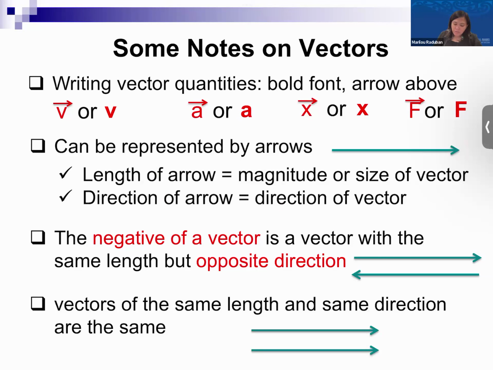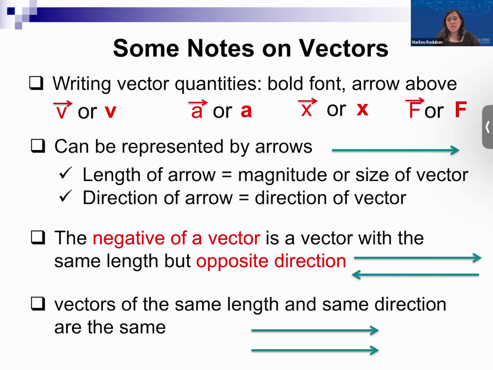When we say negative of a vector, it means that the directions are opposite. So these are two vectors at opposite directions, meaning this top vector is the negative of the bottom vector.